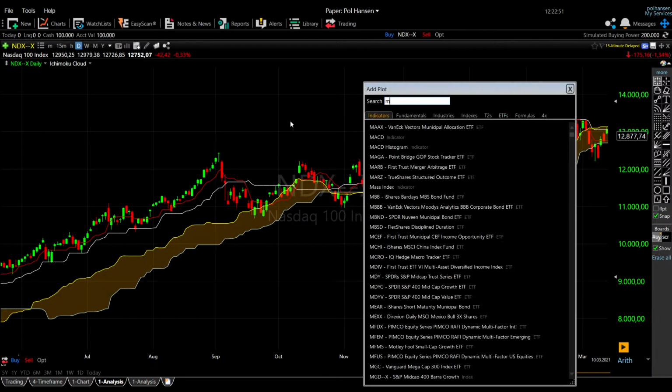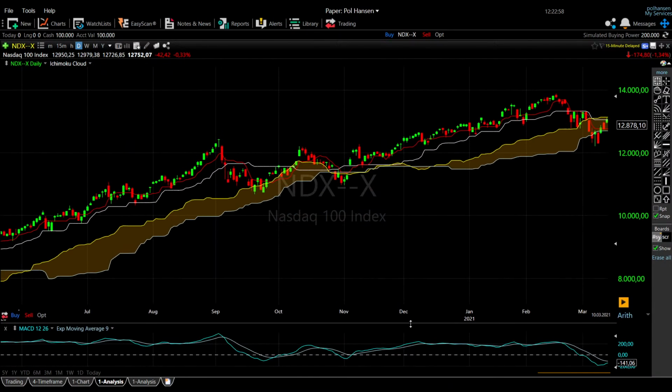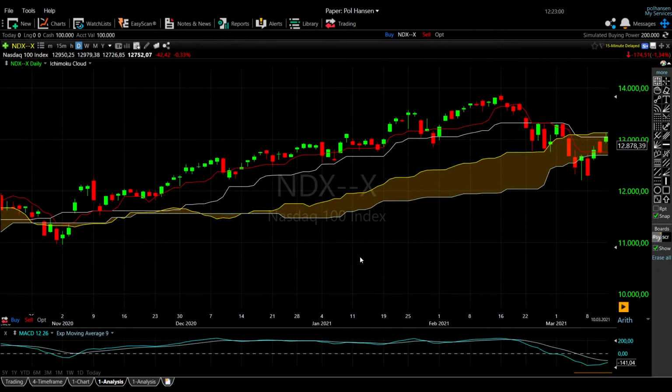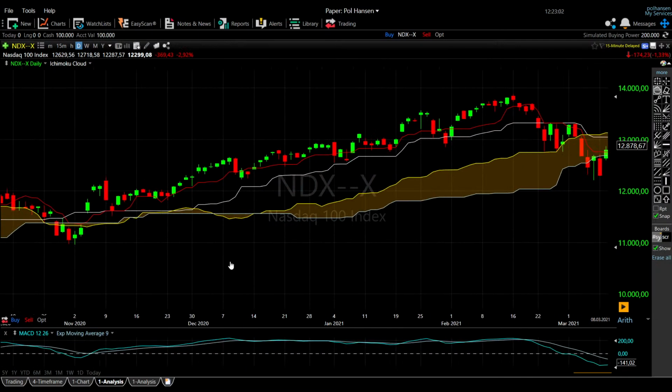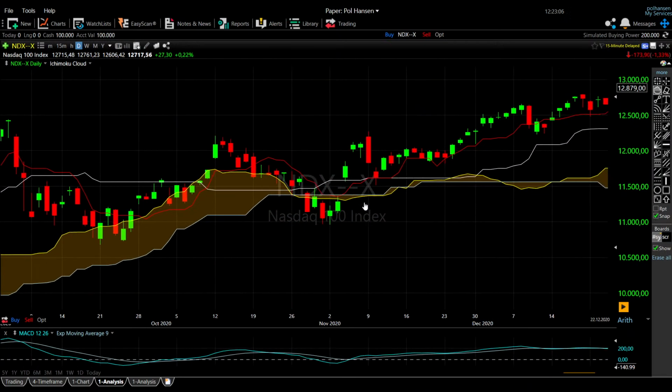We have the MACD right here. We'll look at the same area, which was over here. So we have the resistance line around this area here, and then we can point to where the crossing of the MACD is, right here.